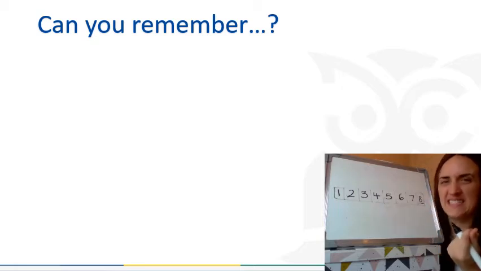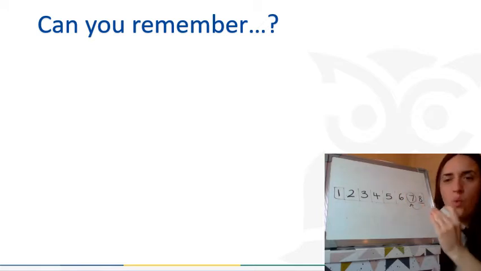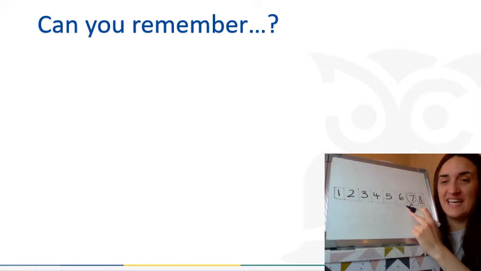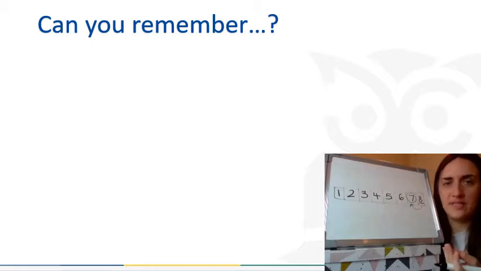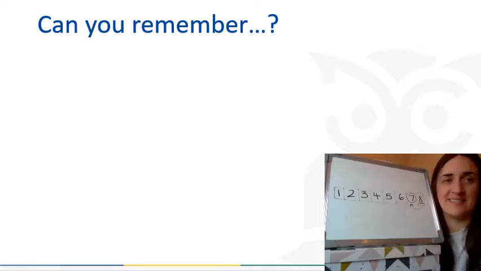We want 1 less. And we found our answer. 1 less than 8 is 7. So when we're counting 1 more, we count forwards 1.